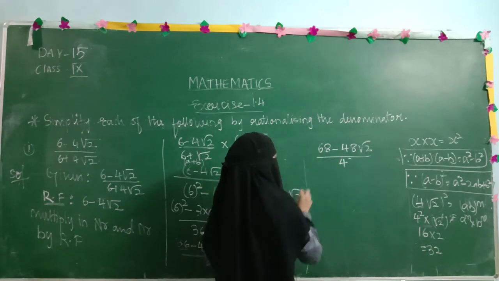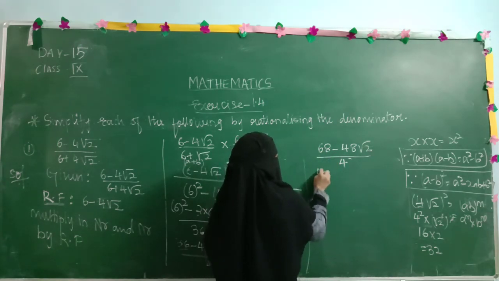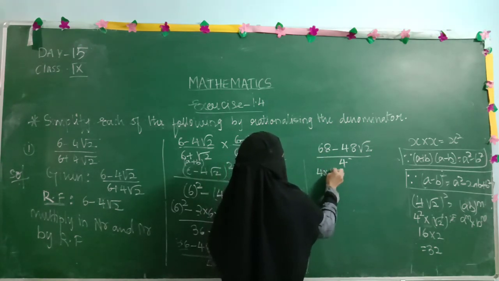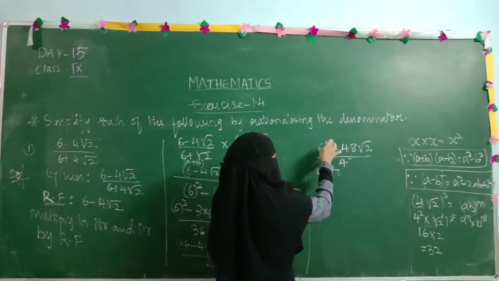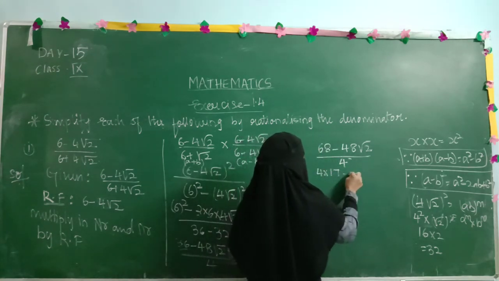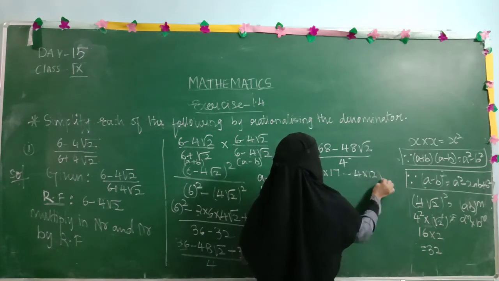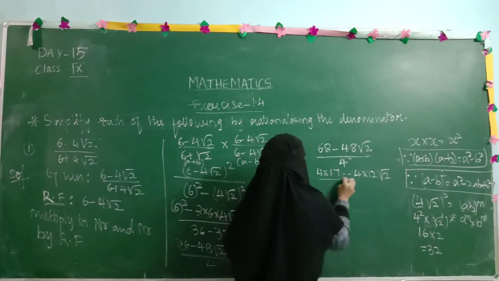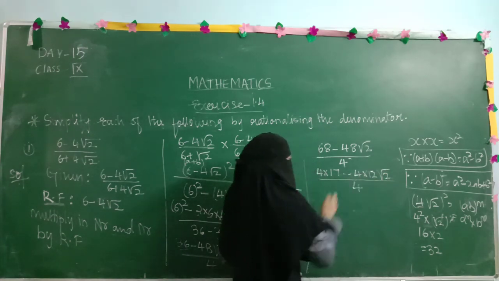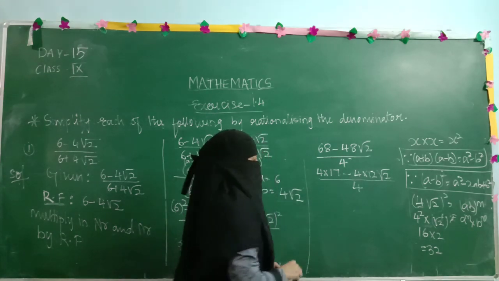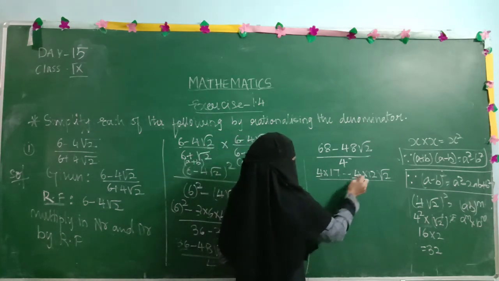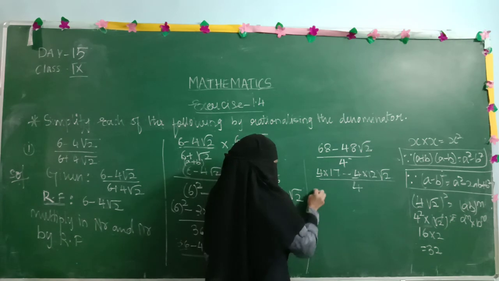So 68 we can write as 4 into 17, and minus 4 into 12 is 48, with root 2 kept as it is. In the denominator also, we keep 4 as it is. So what are you observing? Yes, in the numerator 4 is common, so you need to take 4 out as common.